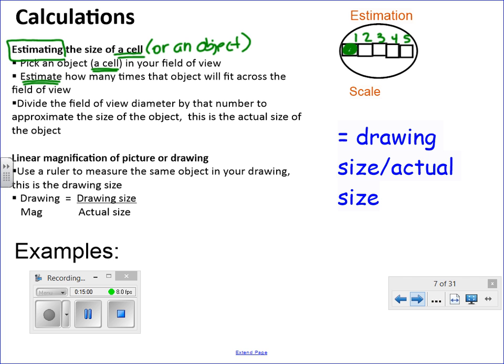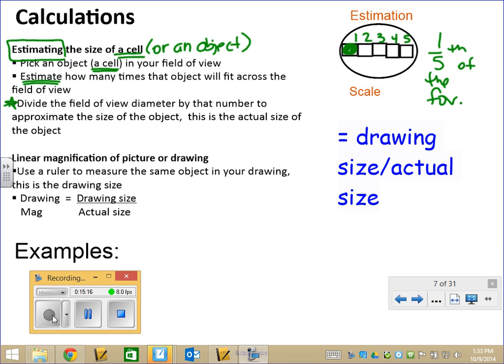Another way of saying this would be to say that that cell took up 1/5 of the field of view. And then we do the actual math where we divide the field of view diameter by that number, the number that you just figured out in step number 2.